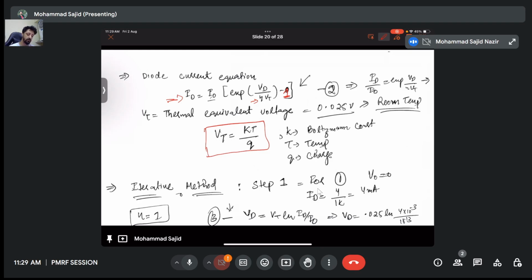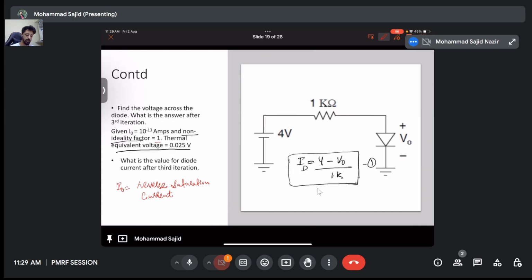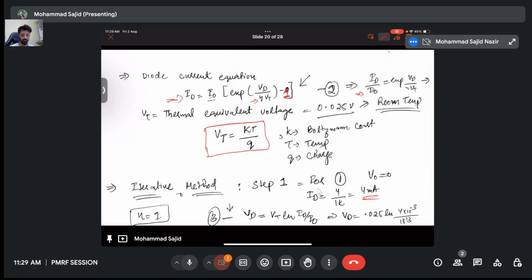So we get ID by I naught is equivalent to exponential of VD by VT. Okay, so step 1, we assume that the diode voltage is 0. From Ohm's law, if I assume V naught is 0, ID is 4 minus V naught by 1k, so ID is simply 4 by 1k, that is 4 milliampere. That is what is written in step 1.